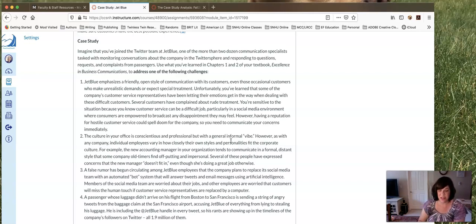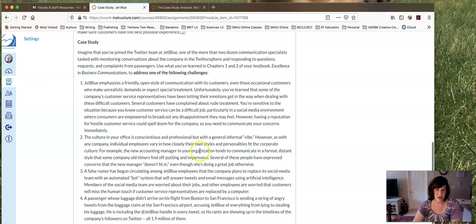I'm not going to read through each one, but you can do that on your own. You will select one, and you will then compile an analysis by doing brief research through the library and looking at the course book. For this particular case study, you would refer to chapter 2, okay?